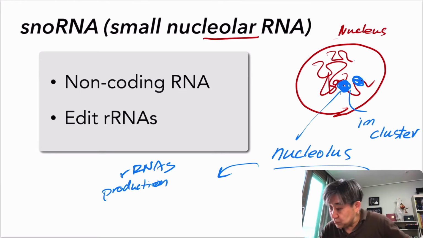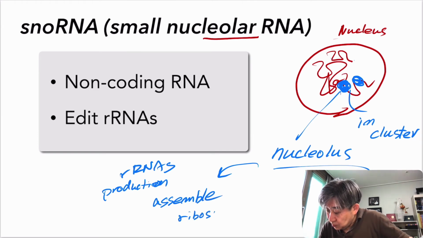So that it's convenient to have this ribosomal production at the same time, and also to assemble ribosome subunits, small and large.